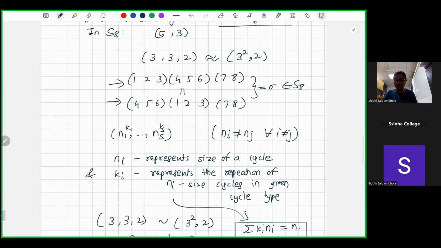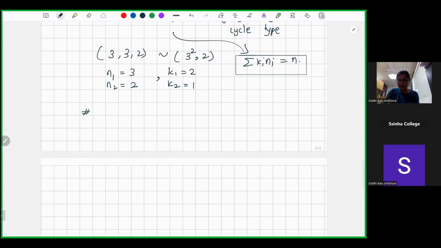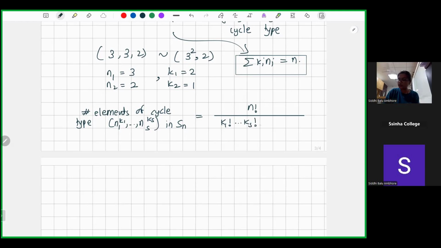So the formula goes like this: the number of elements of cycle type n1 power k1 up to ns power ks in Sn is n factorial divided by k1 factorial up to ks factorial, times n1 power k1 up to ns power ks.